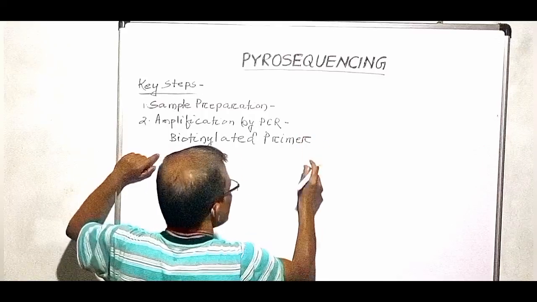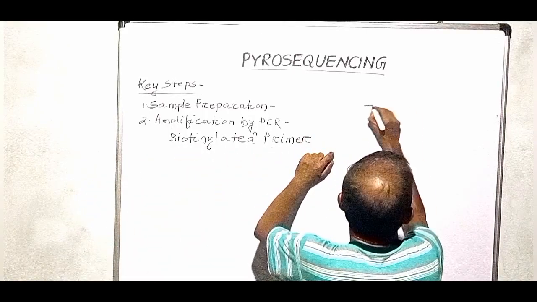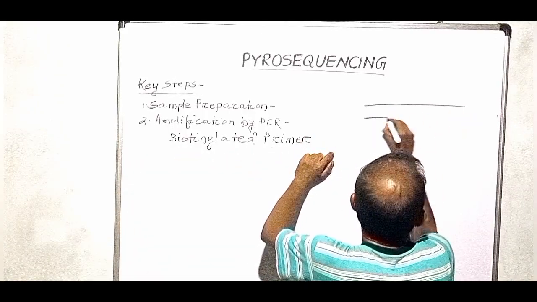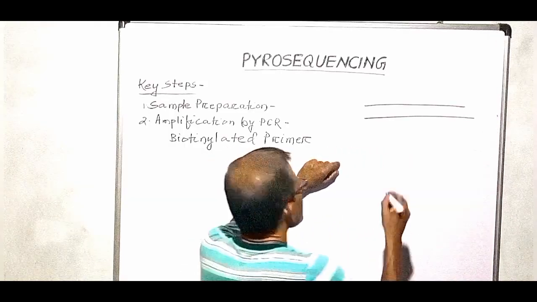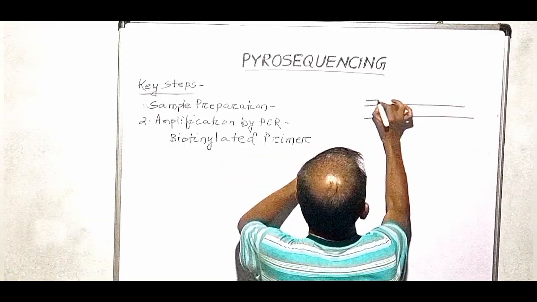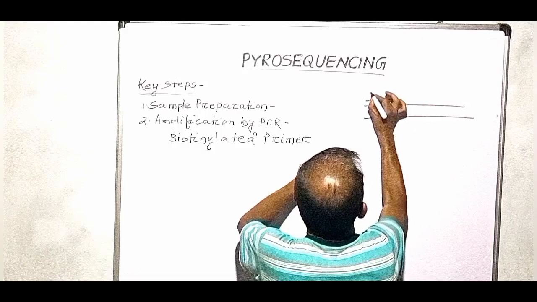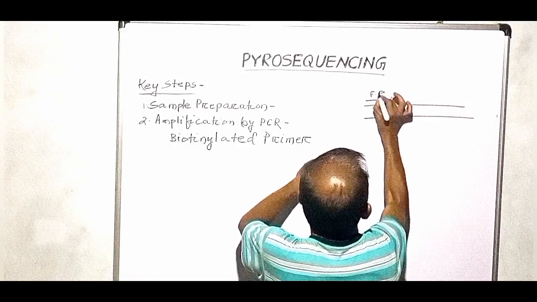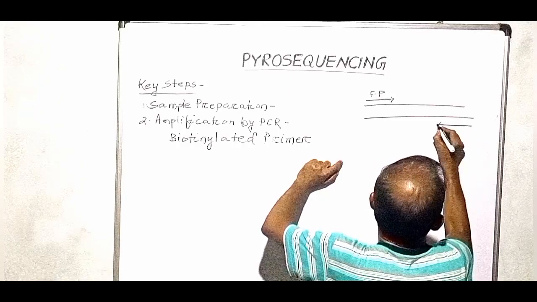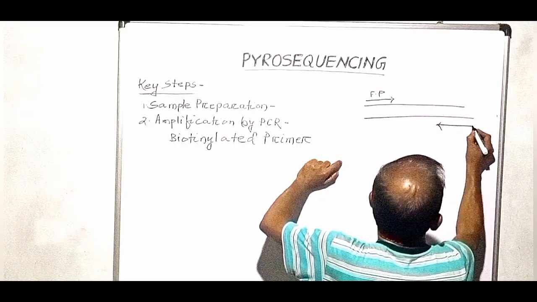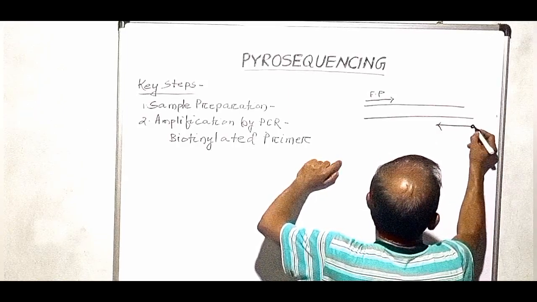For example, this is a double-stranded DNA fragment which is to be sequenced. For amplification, one of the strands is amplified by using a forward primer and the other strand is amplified by using a reverse primer which is biotinylated.